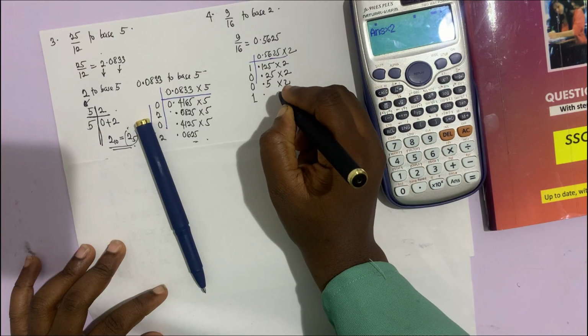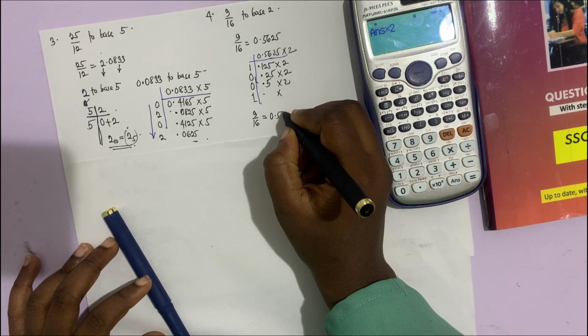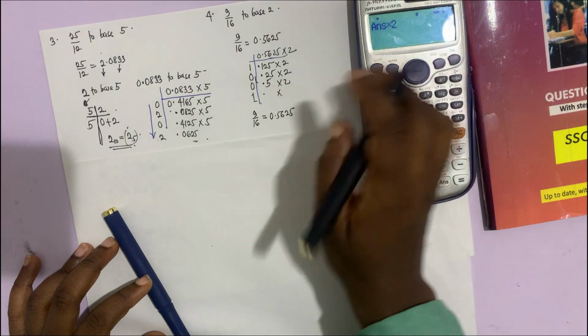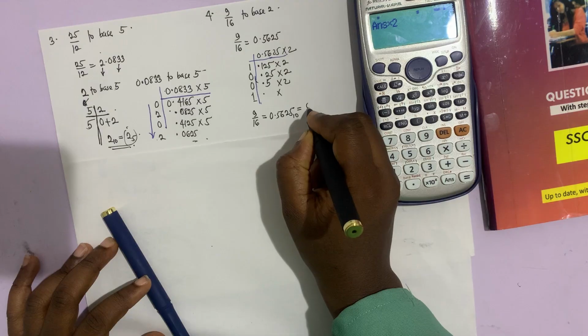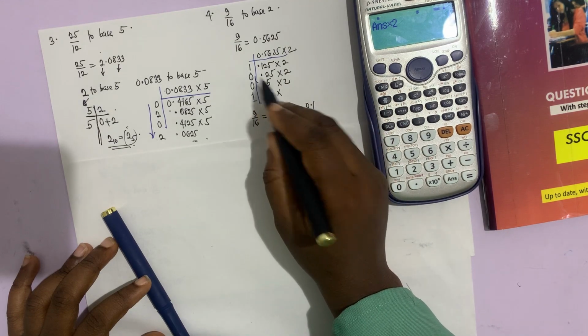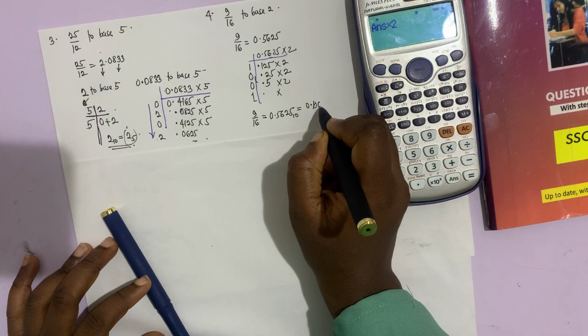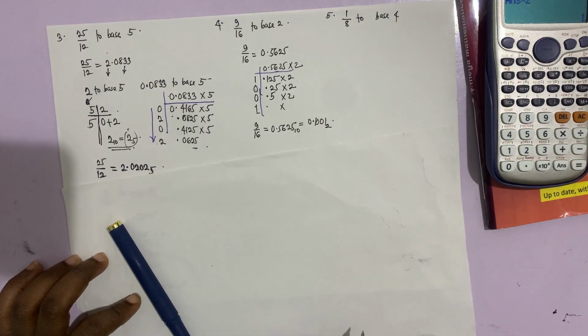So we stop here. Our answer: 9/16, which is equal to 0.5625 base 10, will be equal to 0.1001 base 2.